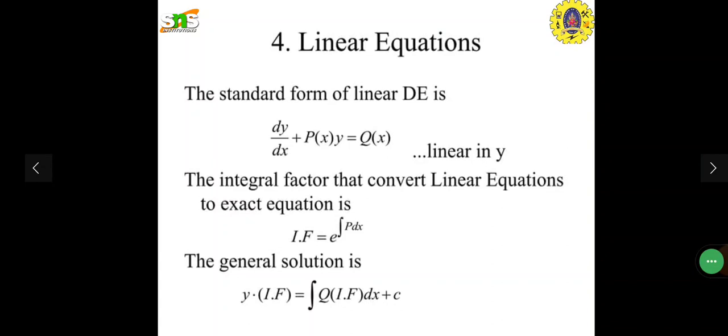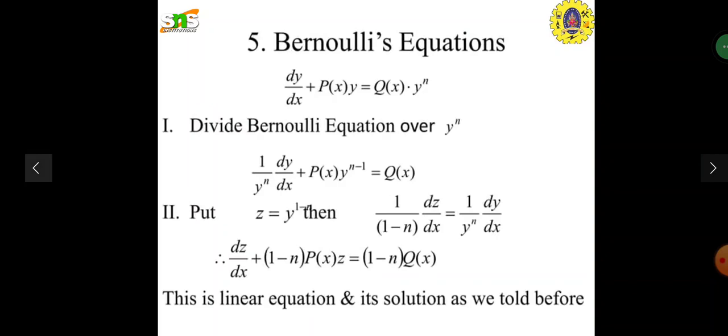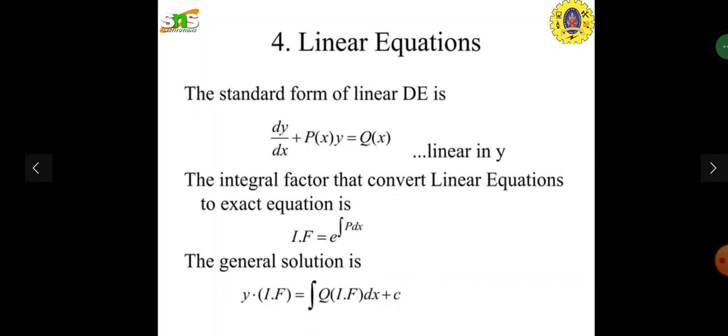Next is linear equations. The standard form of the linear differential equation is dy by dx plus p of x into y equal to q of x. This is a linear equation in terms of y. Here, if the power of y is 1, then we call the equation a linear equation.